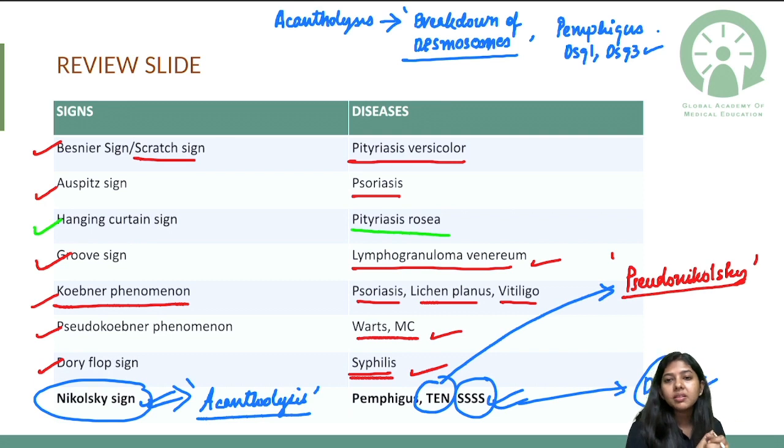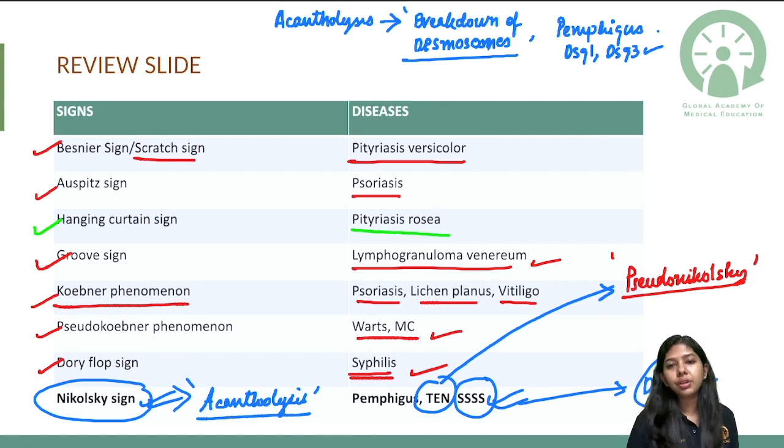So what happens is, when you apply tangential pressure, like you do while eliciting Nikolsky sign, the epidermis will shear off from the dermis, because there is necrosis of keratinocytes there and not acantholysis. So it is actually pseudo Nikolsky, but it looks like Nikolsky. There is no acantholysis. There is actually keratinocyte necrosis, which is why the epidermis is easily sheared off.